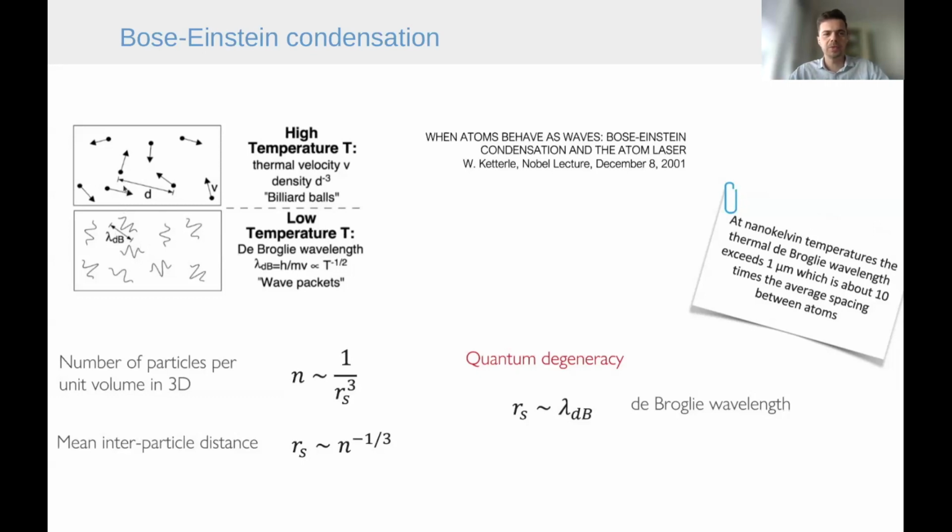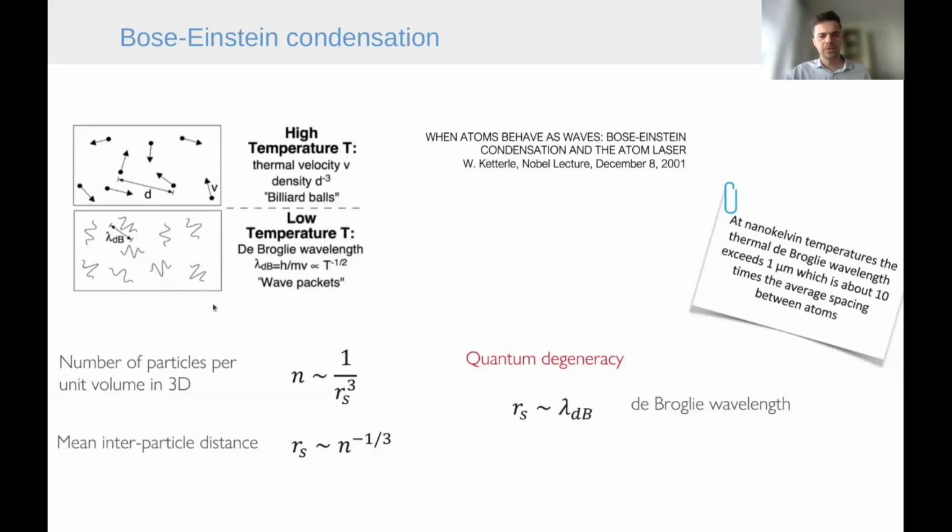So this happens when this de Broglie wavelength becomes comparable to the distance between particles. So then, instead of a picture of particles behaving like billiard balls, we will have to accept the fact that these are more like wave packets which are interacting with each other.